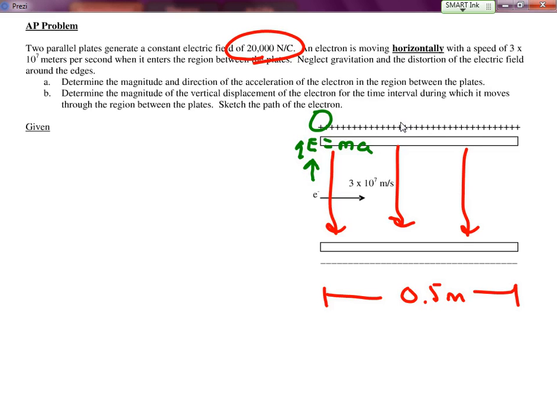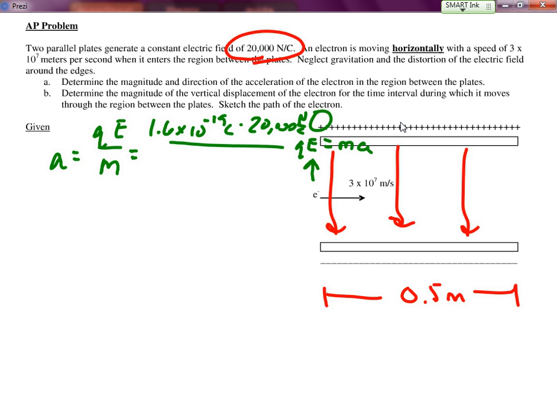So when we're solving for the acceleration of the electron, acceleration is equal to Q times E divided by M. So that's 1.6 times 10 to negative 19 coulombs times 20,000 newtons per coulomb divided by the mass of the electron, which we had previously stated to be 9.11 times 10 to negative 31 kilograms. When you plug this in, you get the acceleration to be incredibly high, 3.51 times 10 to the 15th meters per second squared.